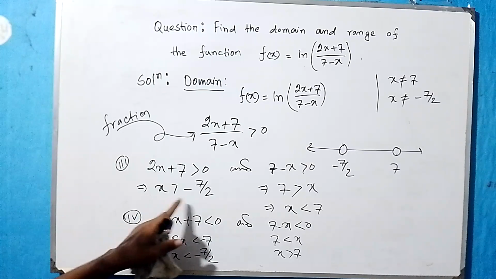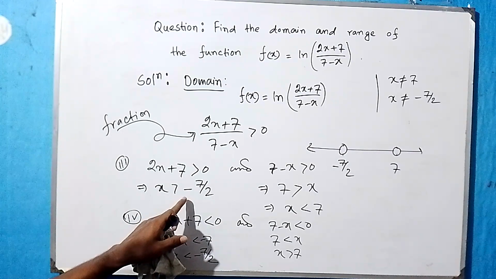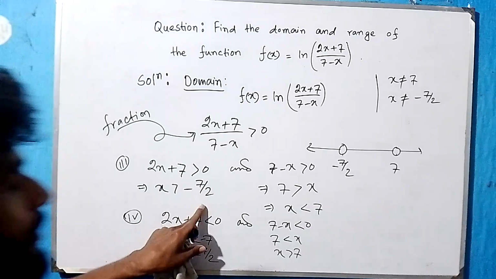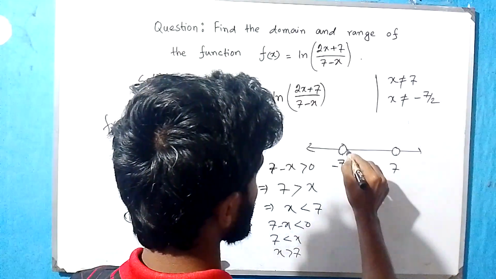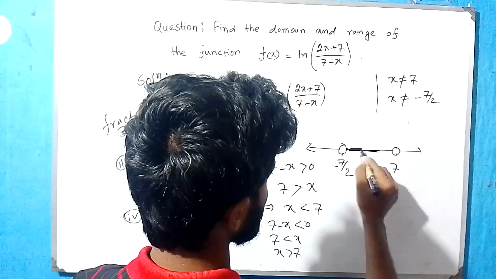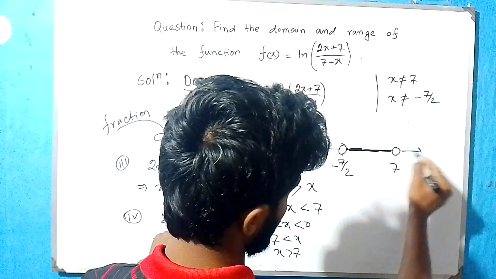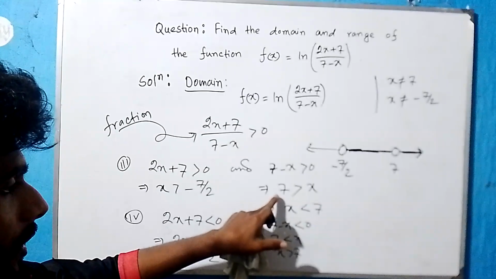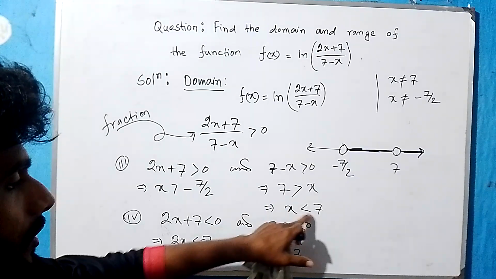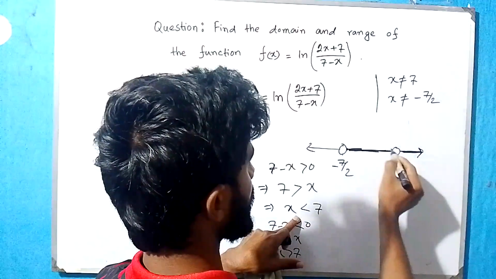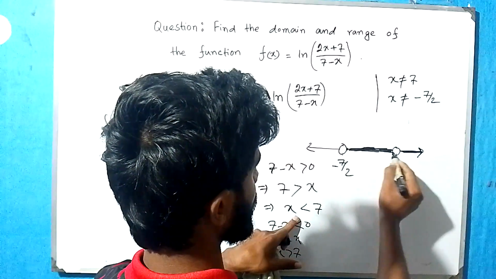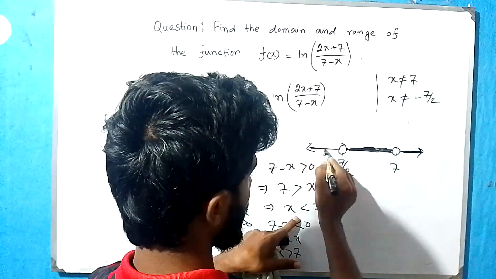So x is greater than minus 7 by 2, that means this part will be included, and x is less than 7, that means only this part, right? And also this.